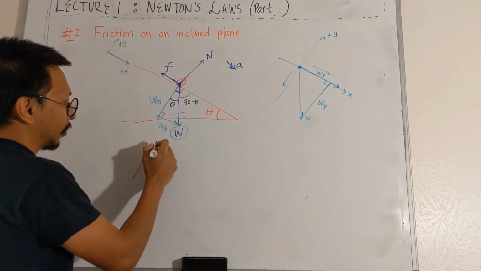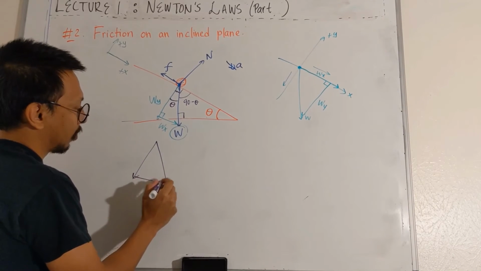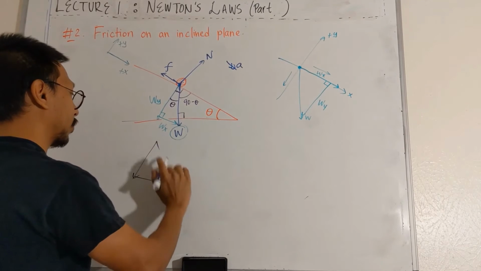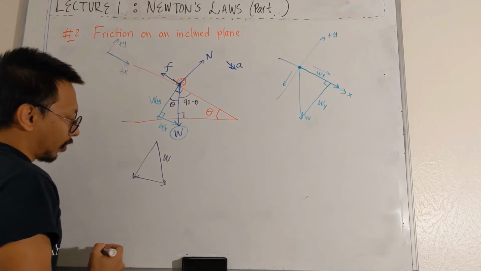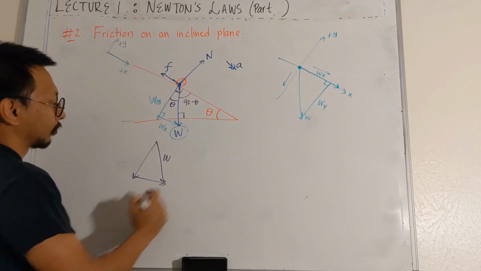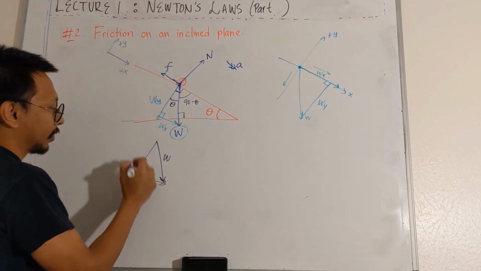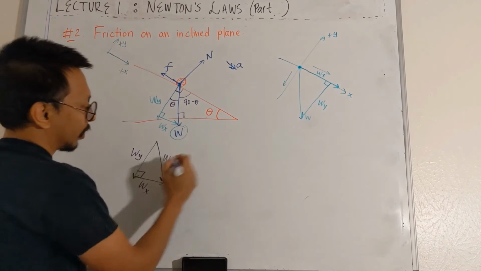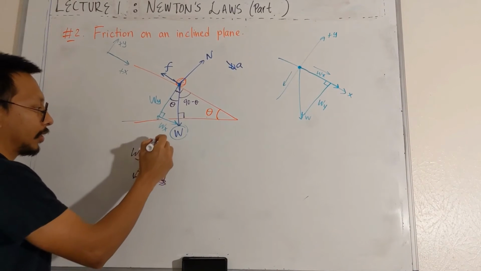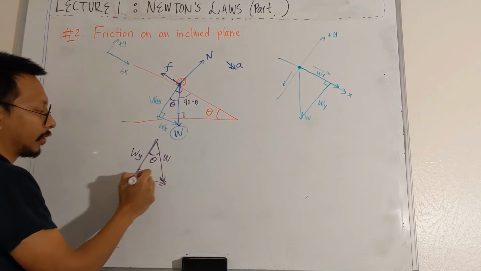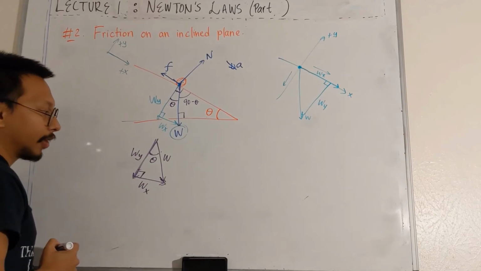Now, what is our wx and wy? This is our triangle that we are working with. Let's call this the overall resultant w, and this is 90 degrees. This is wx, this is wy, and this is the angle. This is our adjacent, because both the 90 degrees and theta are on this side, and this is our opposite, opposite to the angle theta.